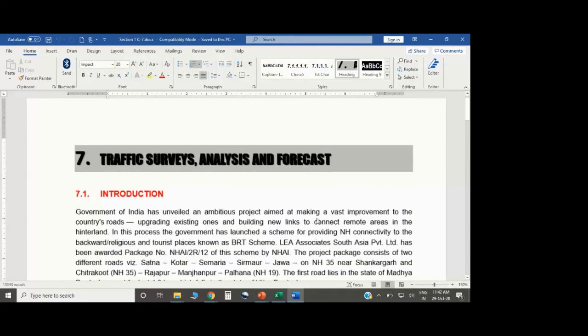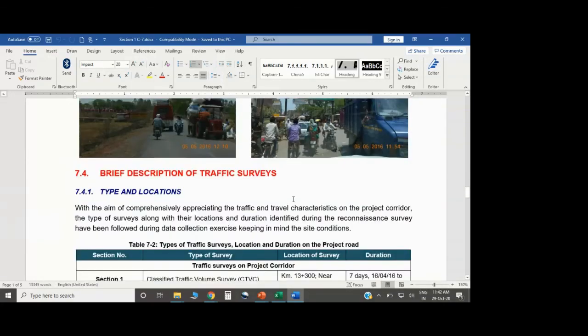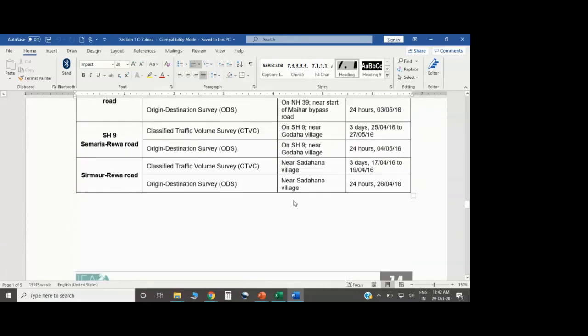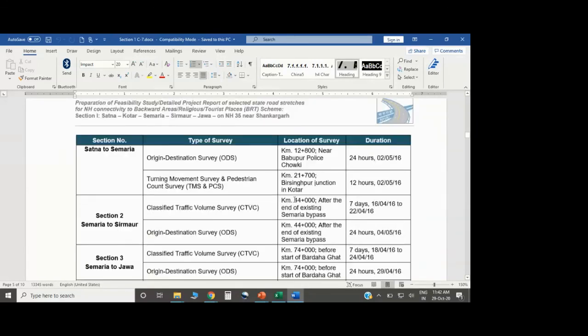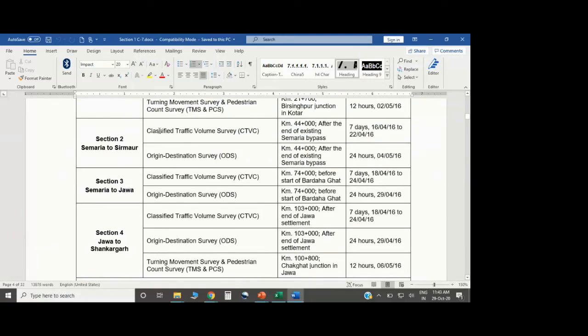Yeah, so this is the traffic chapter of that project that I'm showing you. What I want to show you is just glimpses of the survey. As I told you, we had done the survey, a classified traffic volume count.